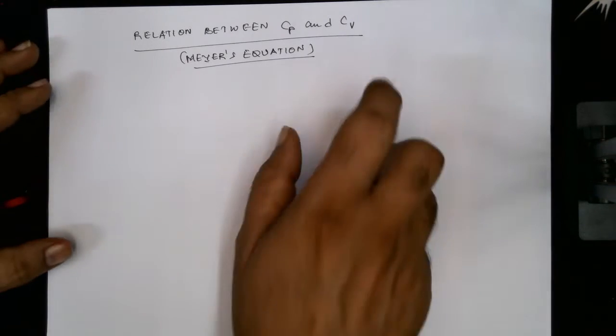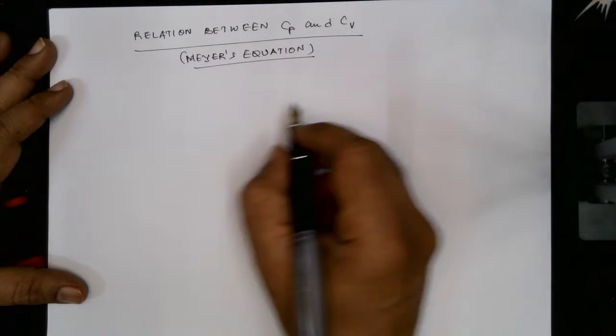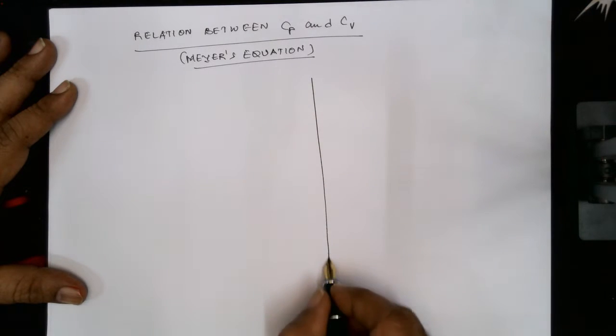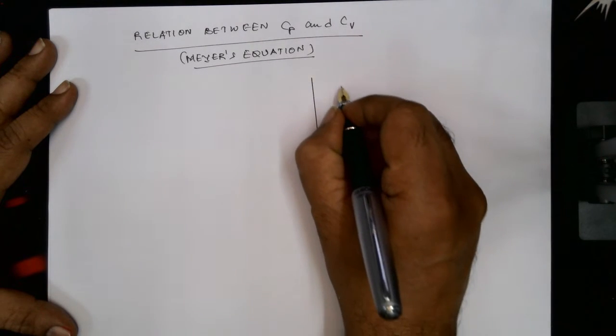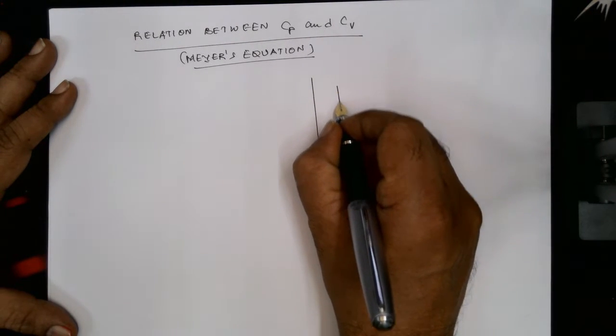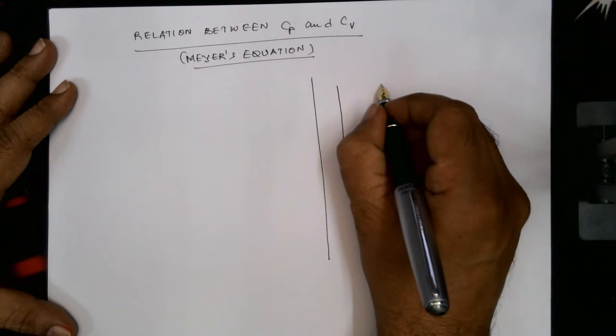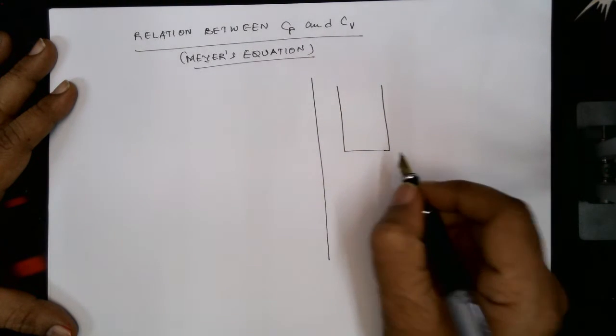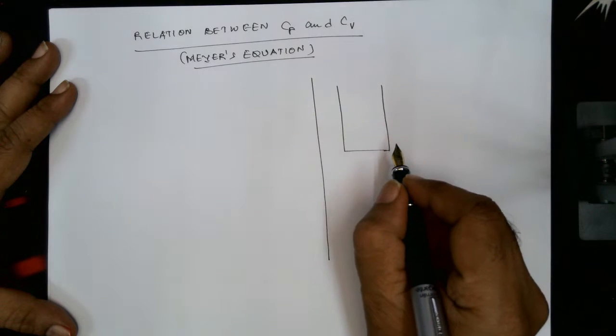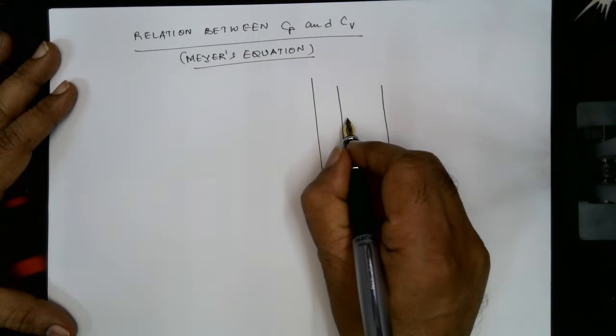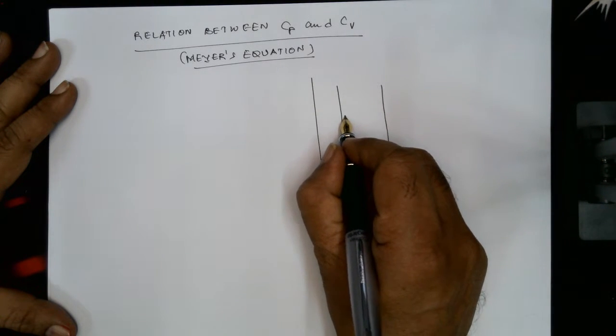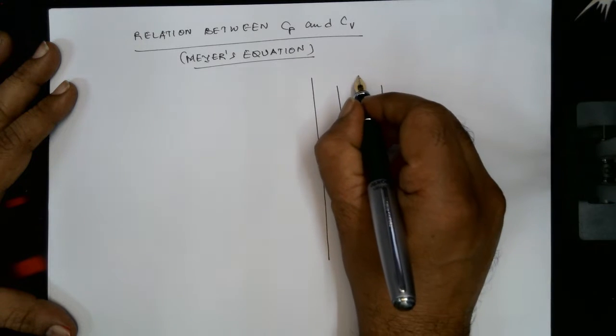Now let us consider a piston and a barrel assembly. This is a barrel or cylinder, inside which we have the piston like this.